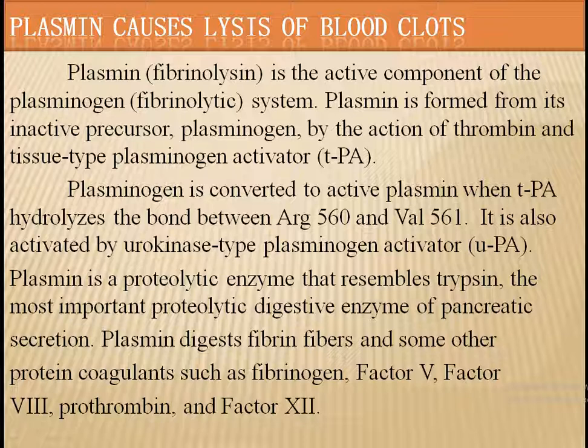Plasmin digests fibrin fibers and some other protein coagulants such as fibrinogen, factor 5, factor 8, prothrombin and factor 12. Therefore, whenever plasmin is formed, it can cause lysis of a clot by destroying many of the clotting factors. So, sometimes it even causes hypocoagulability of the blood.